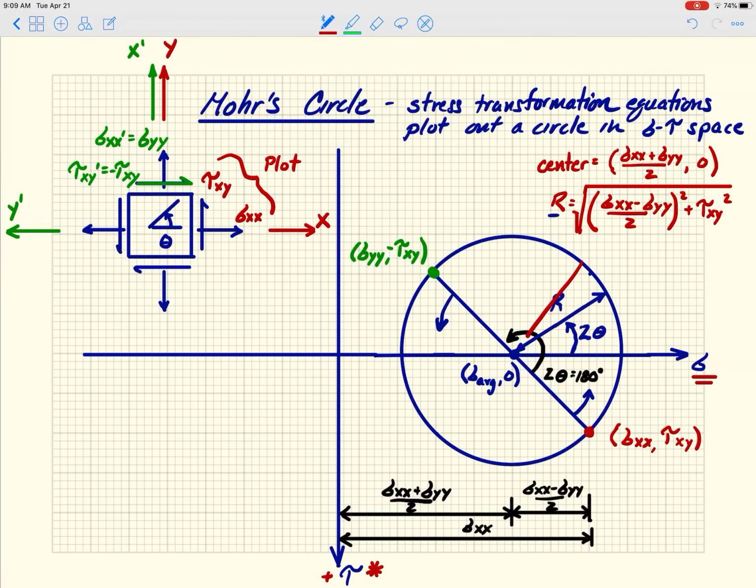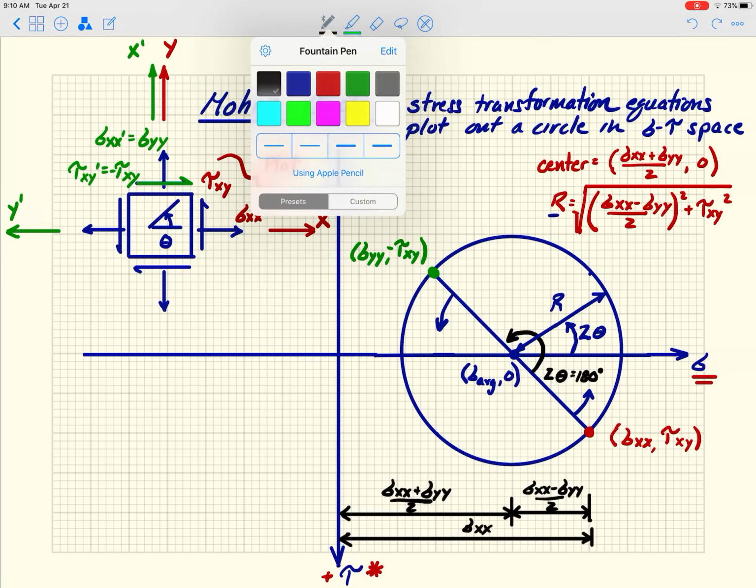That would define stresses that look like that. So they would be 90 degrees off. I know that doesn't quite look like 90 degrees, but that's the idea.